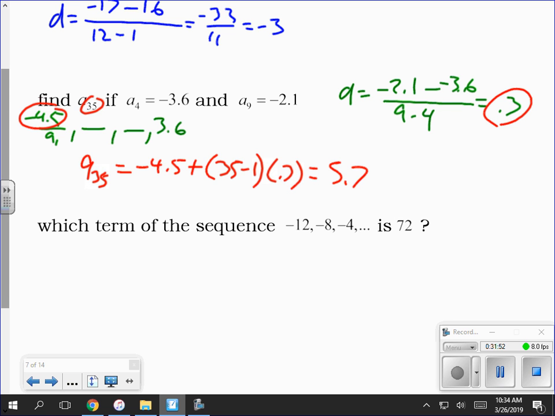Now, before I move to the next one, there is a trick to this one that you can do. Let's say my term here isn't 4, but let's say this was 14 and this was 19. Do you really want to go backwards from 14 and find the first term? No. Here's what you can do.